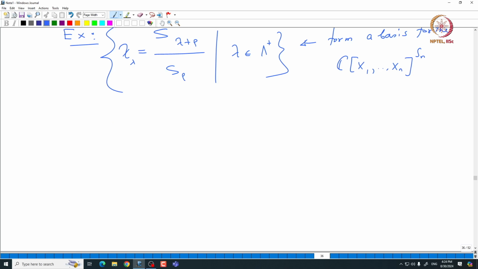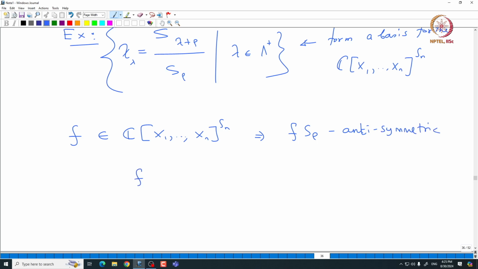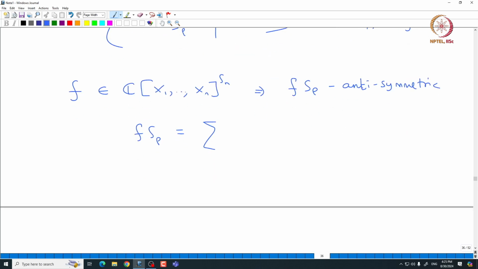Maybe you can directly try to prove it. If you take some f from the symmetric polynomials, then f times S rho is obviously antisymmetric. That implies that you can write f times S rho as the summation of a mu S mu plus rho, which is something we already proved.